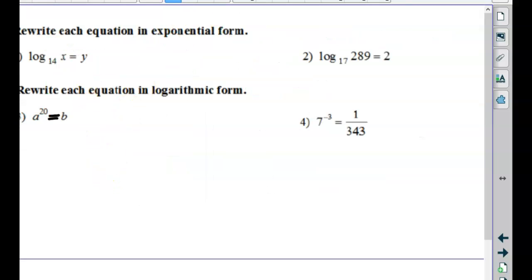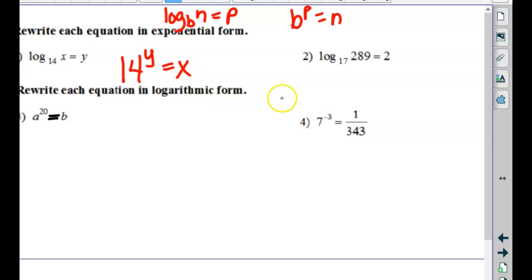Nope, not quite. Okay. So how do we rewrite this as an exponent sentence, guys? I'll put it at the top again. Log base b of a number equals p, the power, means b to the p equals n. So this would be 14 to the y equals x.